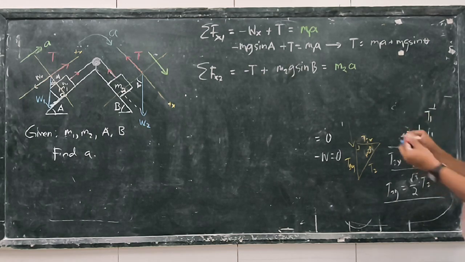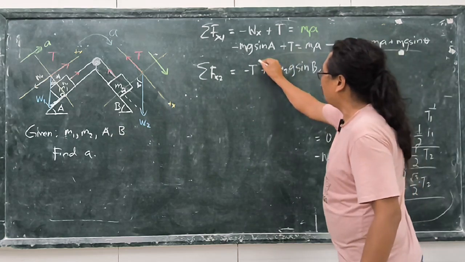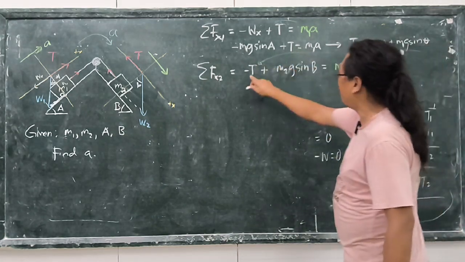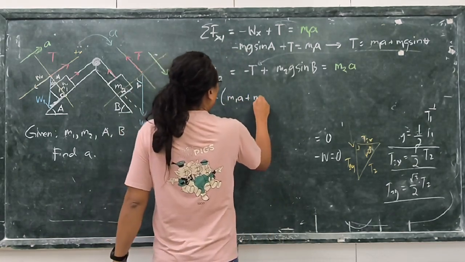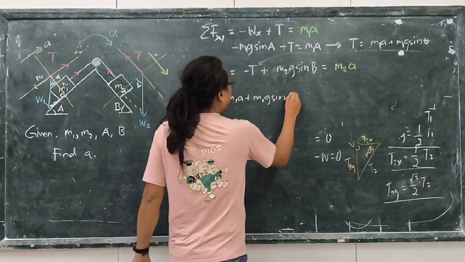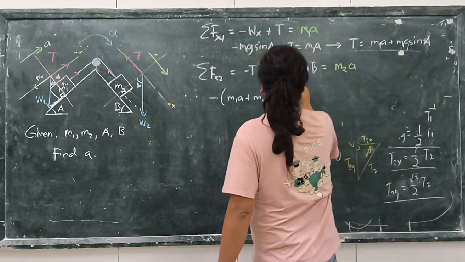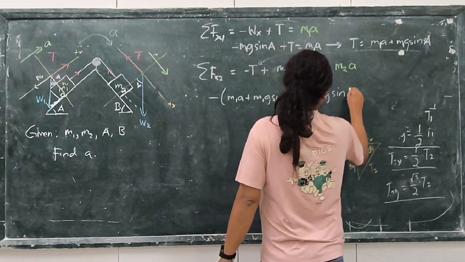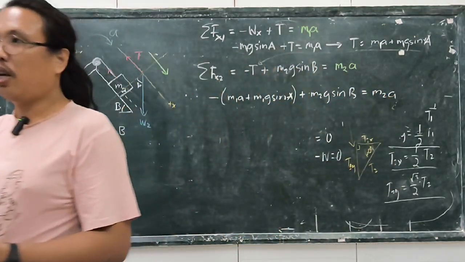So, we can now substitute this to that equation, and what remains is a, right? So, substituting here, we have now negative of m1a plus m1g sine of A plus m2g sine B equals m2a.